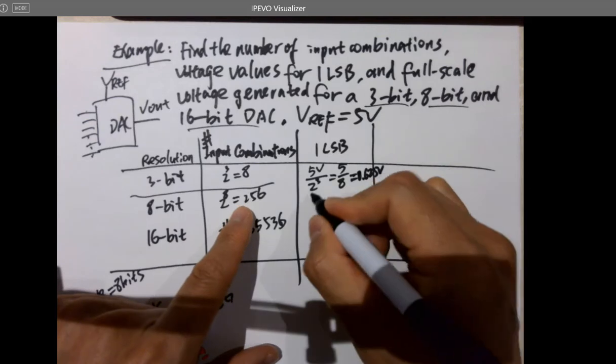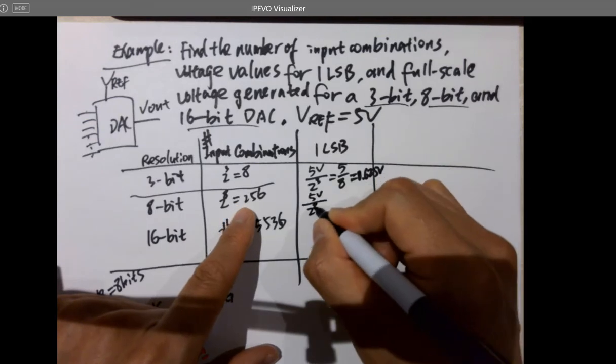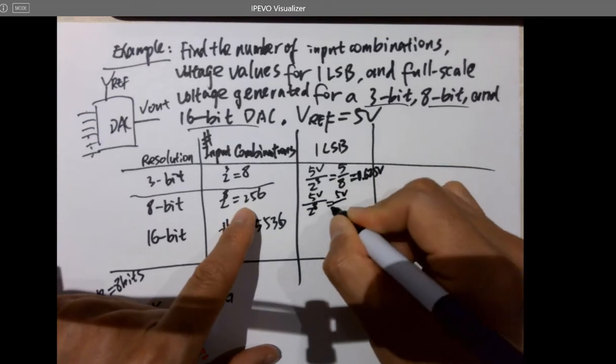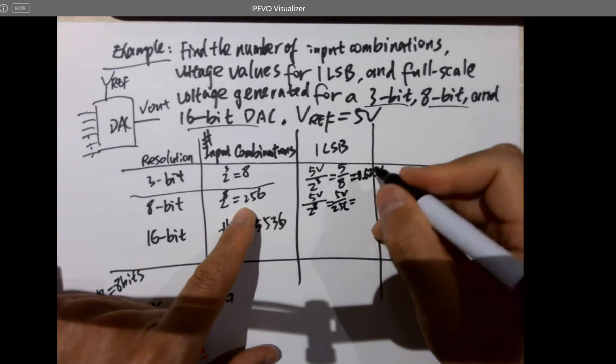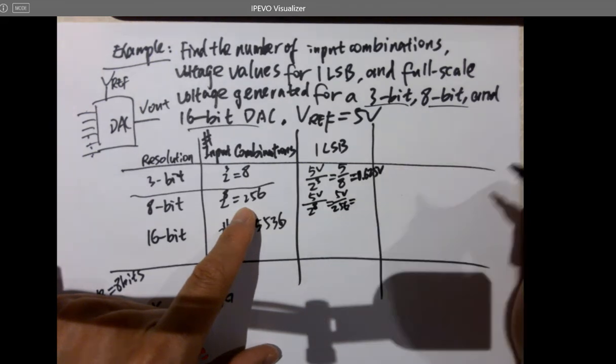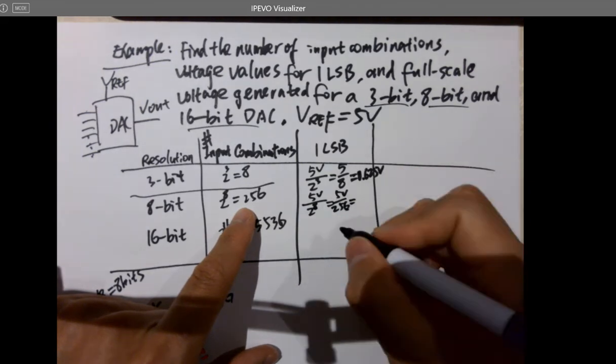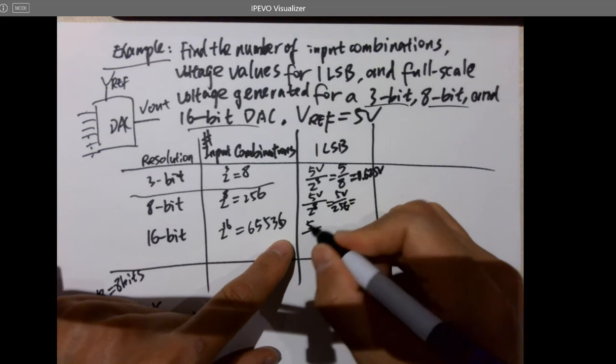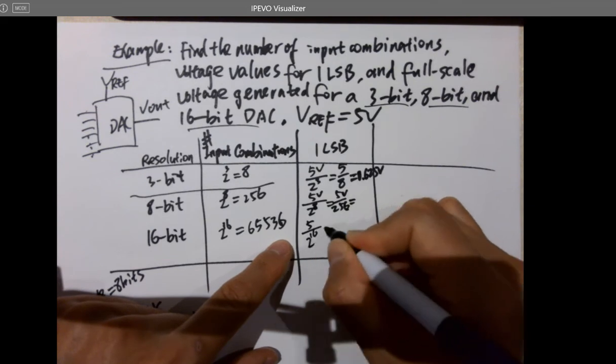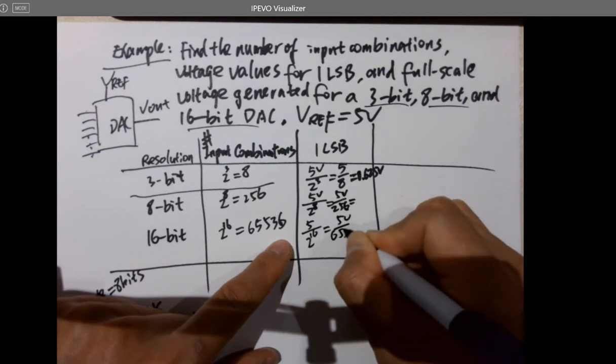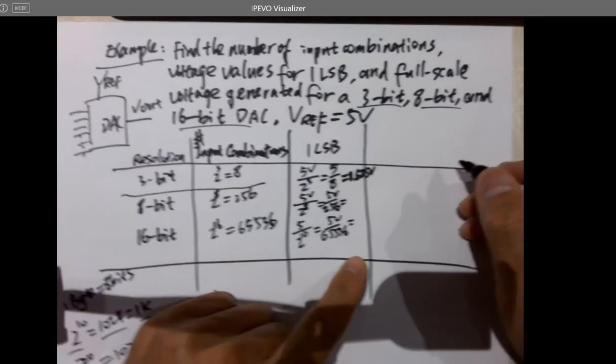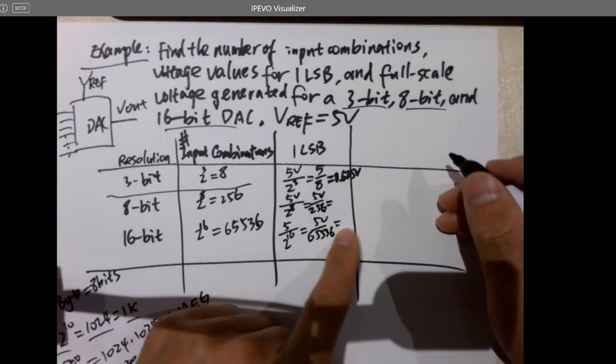For this one, it's 5 volts over 2 to the 8th, which is 5 volts over 256. And I don't know the answer. For 16-bit, 5 volts over 2 to the 16th, which is 5 volts over 65536. That will be a pretty small number for the 16-bit.